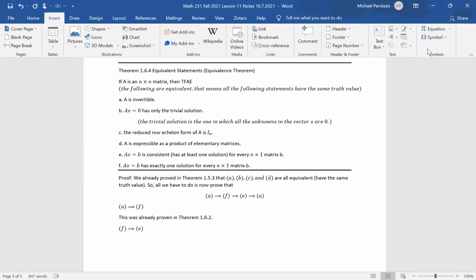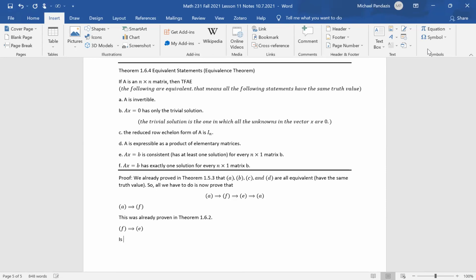So F implies E. Well, what is F implies E? F implies E is the statement: if AX equals B has exactly one solution for every n by 1 matrix B, then AX equals B has at least one solution for every n by 1 matrix B. But that's obvious.